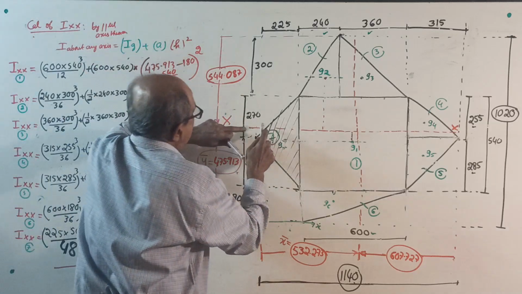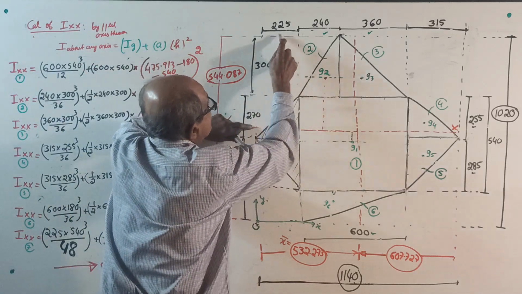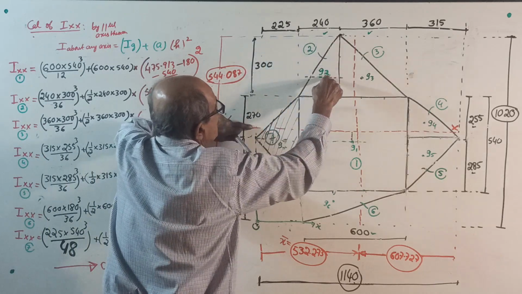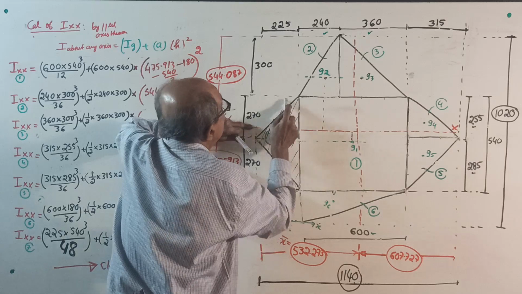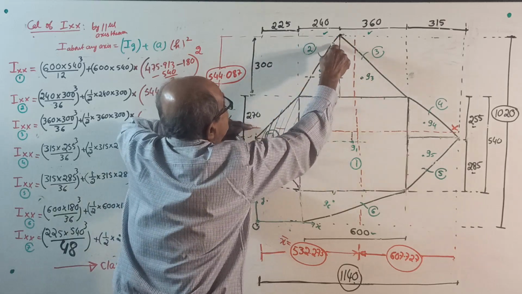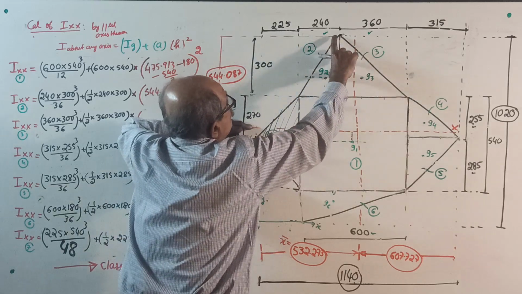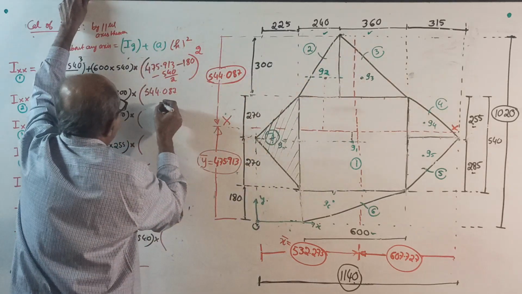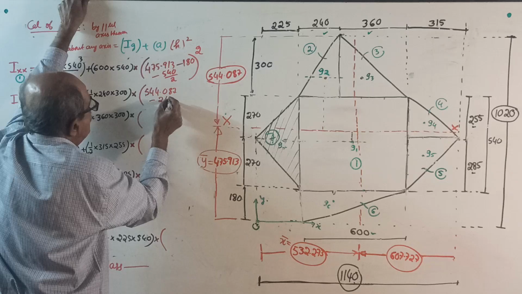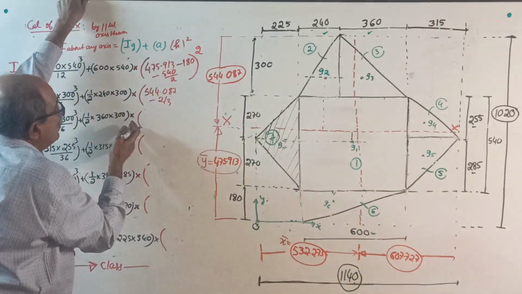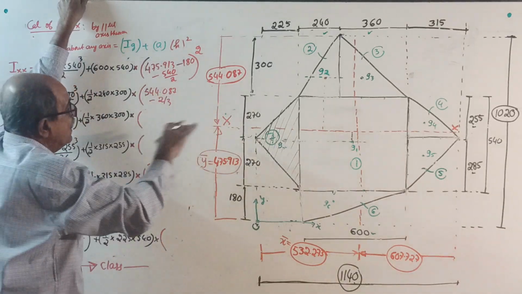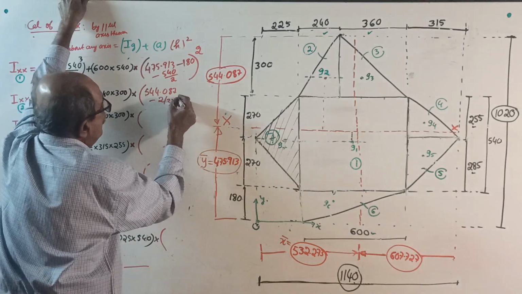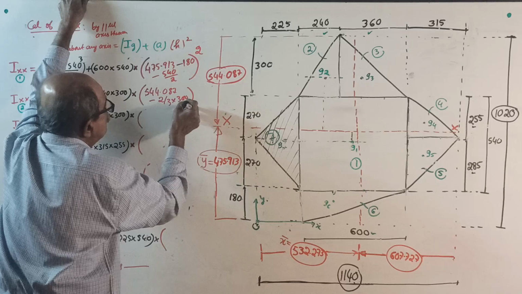From this full distance subtract this distance, because you want this distance: 544.087 minus 2 by 3 of 300, that is to be squared.